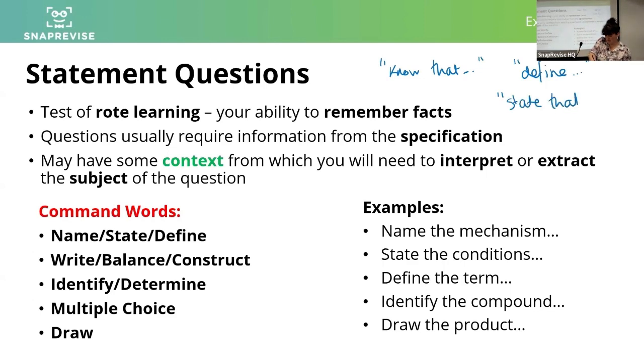So go through your specification, perhaps with a highlighter, and highlight those bits. This is stuff you need to be able to recall in your exam. So you either need to understand it well enough that you can work it out without recalling it, or you need to sit there and rote learn it with your flashcards, with your mind map, teach a friend, whatever it is that you want to do, teach your parents if you need to, learn it off by heart. Read, cover, repeat, whatever.